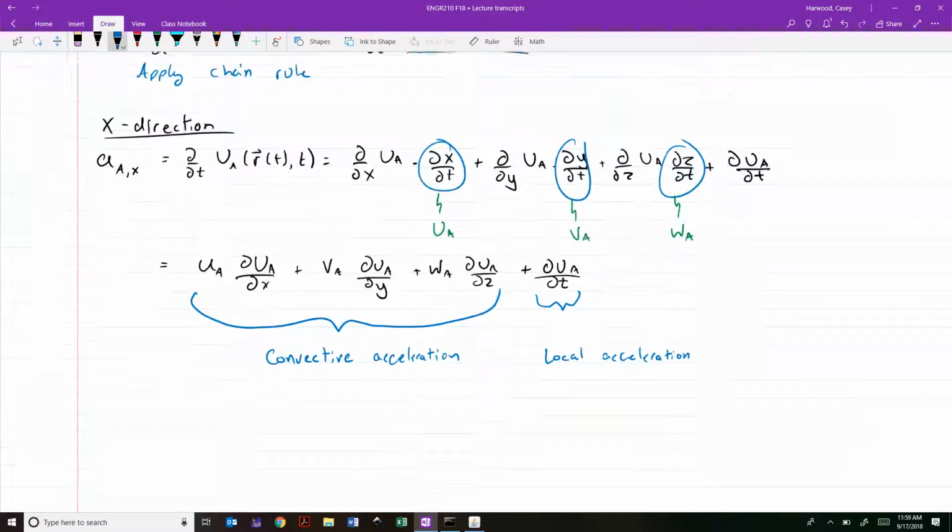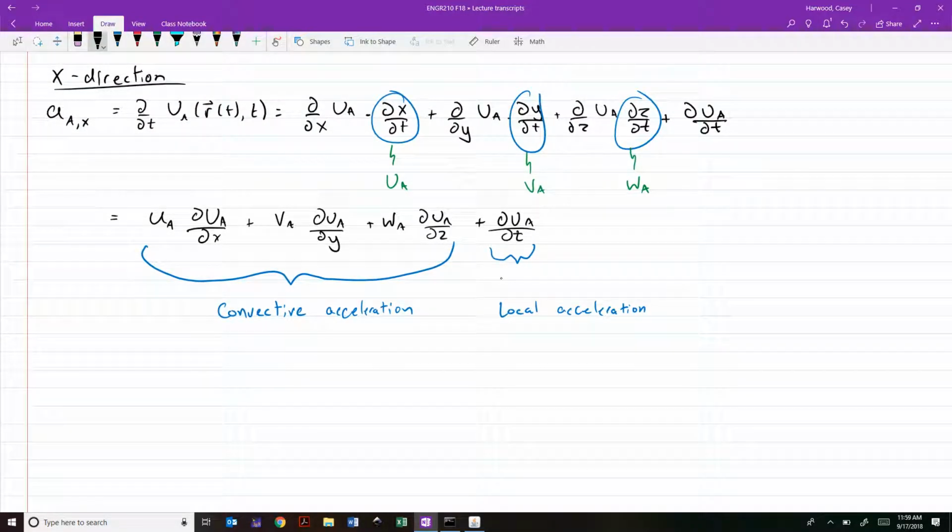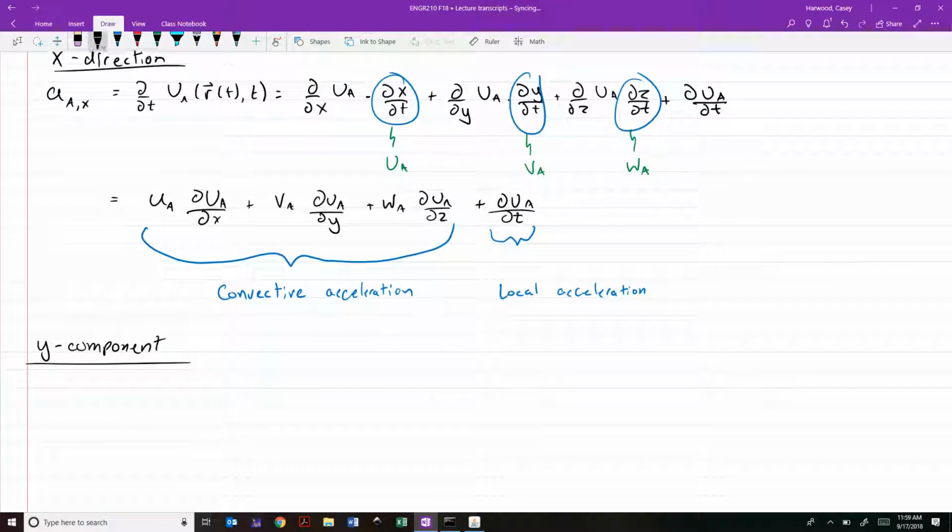So we can do the same thing with the y component and z component of the accelerations. I won't belabor those points, but I'll just write them out briefly.